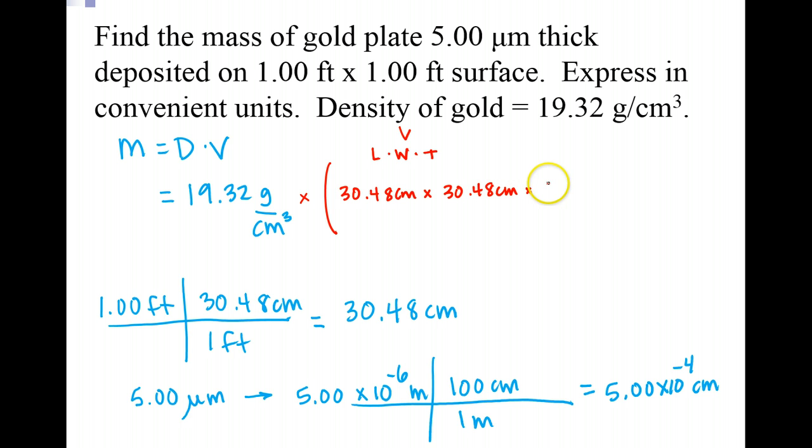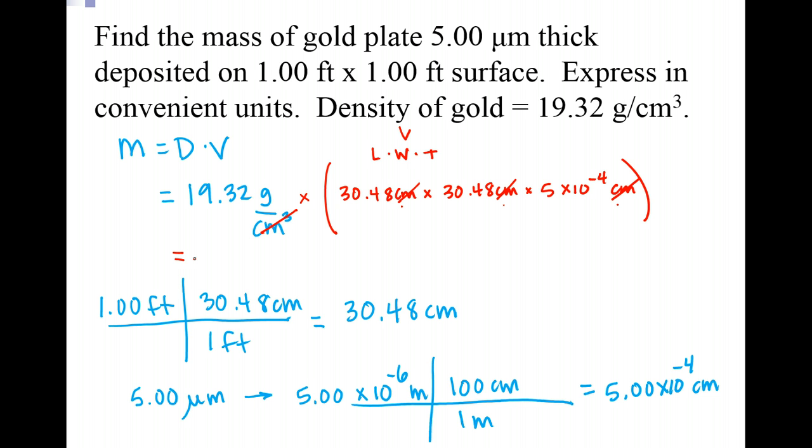And the thickness 5 times 10 to the negative 4th centimeters. Now our labels will work out much more nicely because I have centimeters times centimeters times centimeters, which is centimeters cubed. So all 3 of those can go away with the centimeters cubed in the denominator on the density. And that will leave only grams, which is a very appropriate unit for mass.